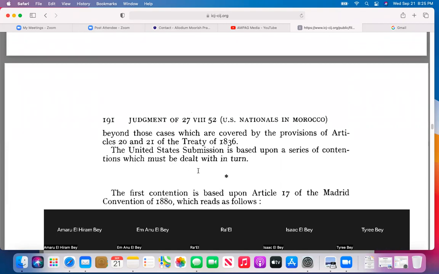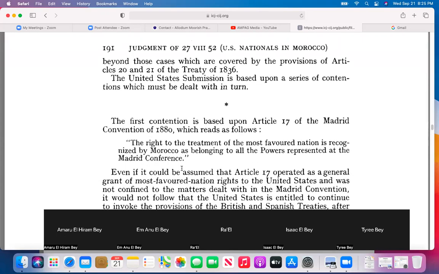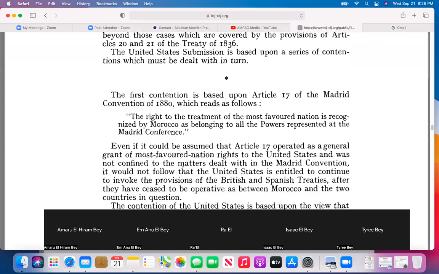The United States submission is based upon a series of contentions which must be dealt with in turn. The first contention is based upon Article 17 of the Madrid Convention of 1880, which reads as follows: the right to the treatment of the most favored nation is recognized by Morocco as belonging to all the powers represented at the Madrid Conference.